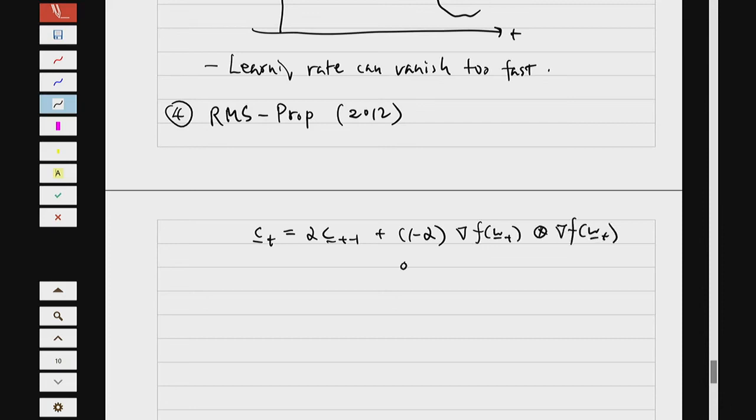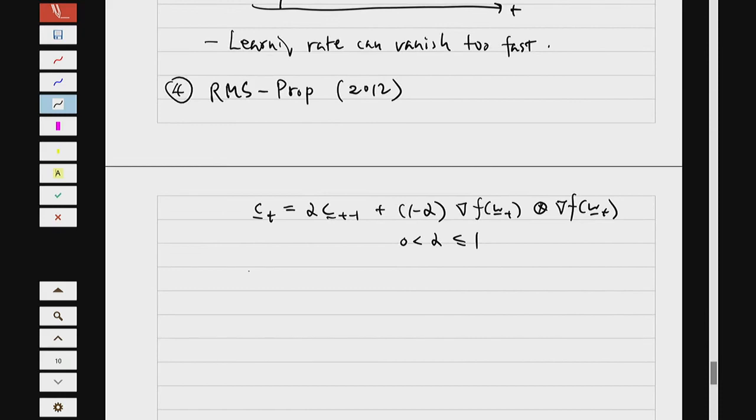Where of course alpha is between 0 and 1. So that is gradually forget distant history. That works very well.